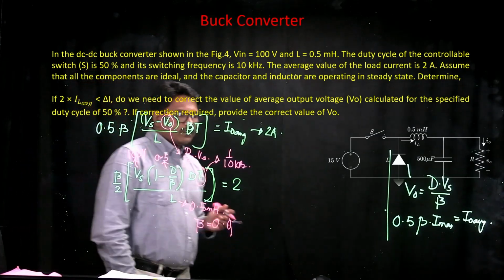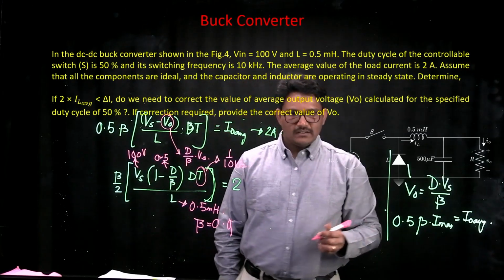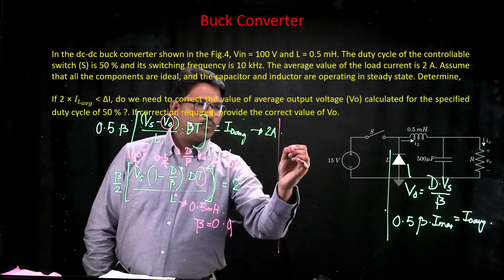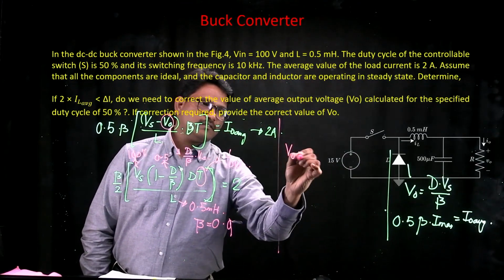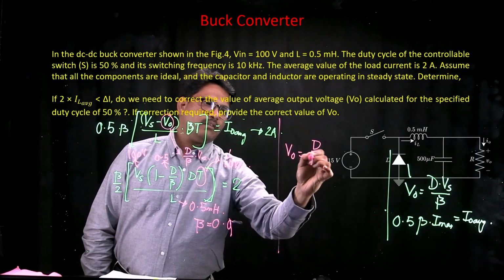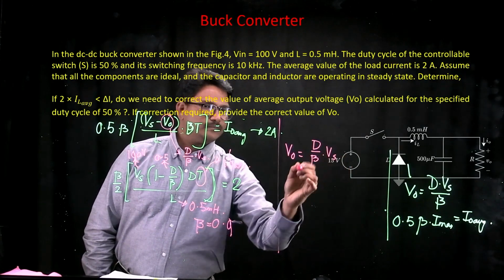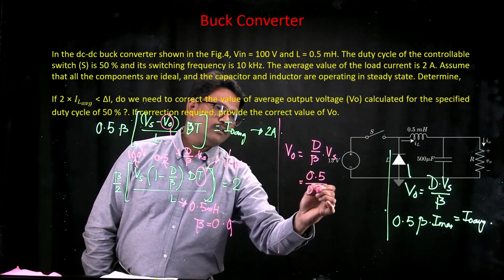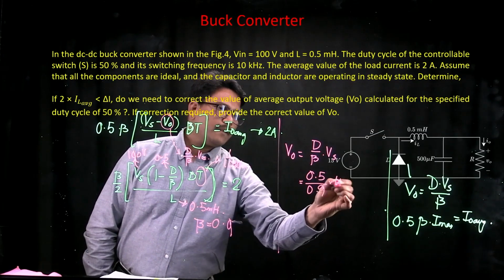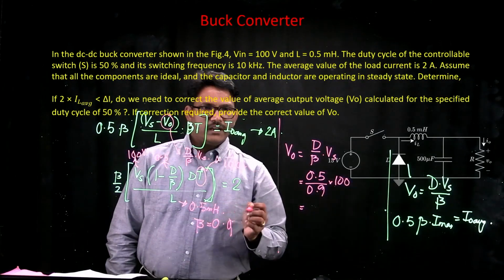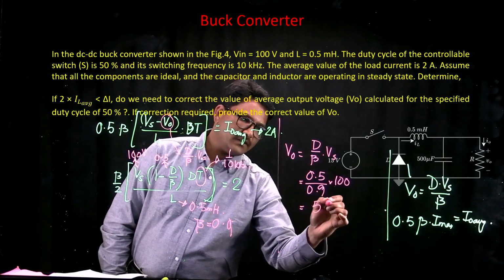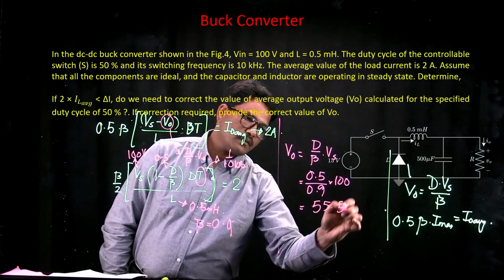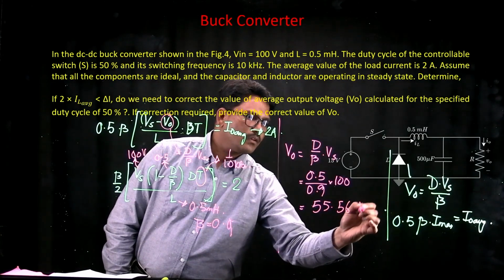So once you have the value of beta as 0.9, then you can say that output voltage, that is V naught, is d upon beta multiplied by Vs, which is 0.5 times 100. This value, if you calculate, is going to be 55.56 volts.